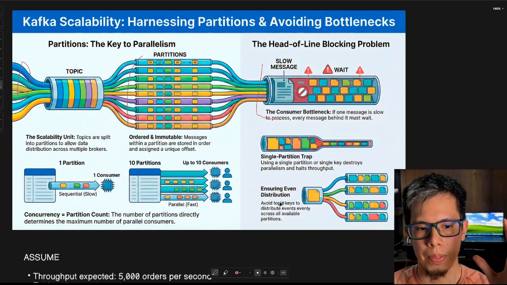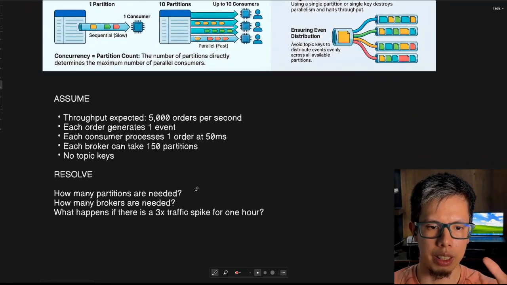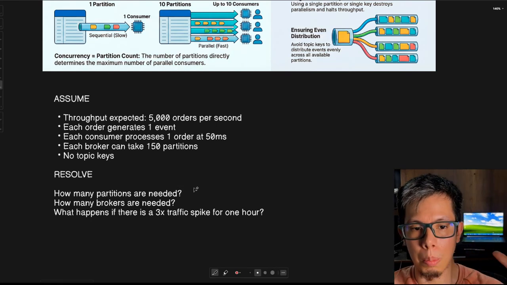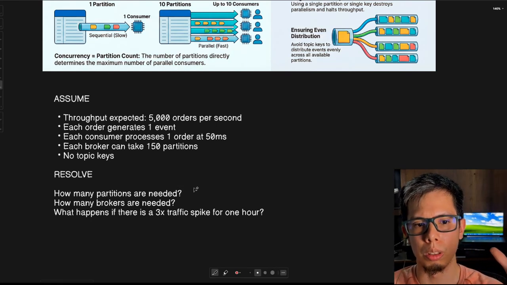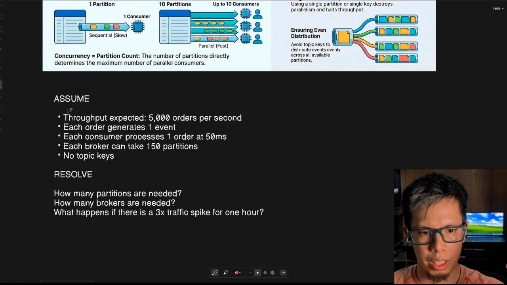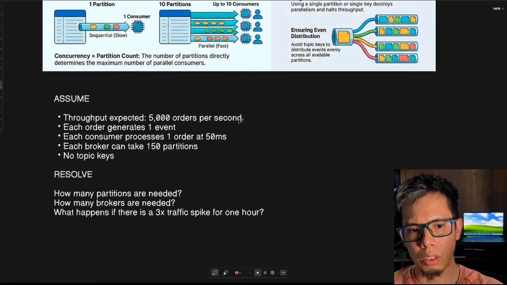Okay, so then we have a case here that maybe we can play with as a realistic example. If you have a system that you want to support, you have to try to calculate the number of partitions. So in this case, assume that you expect a throughput of 5,000 orders per second.